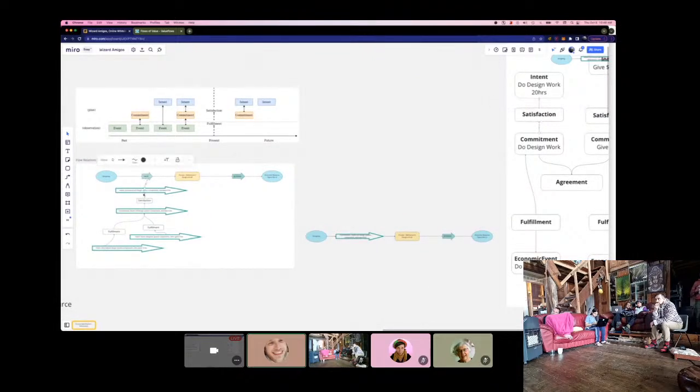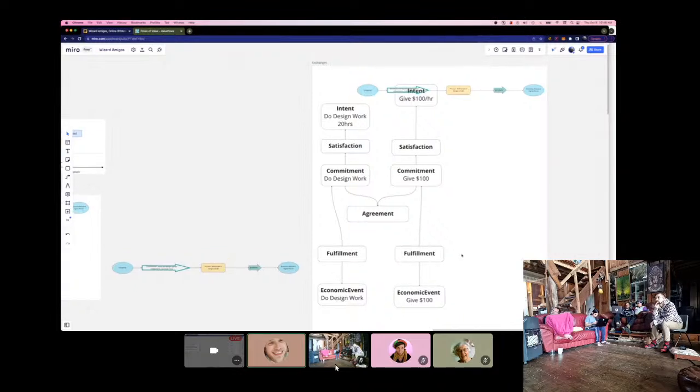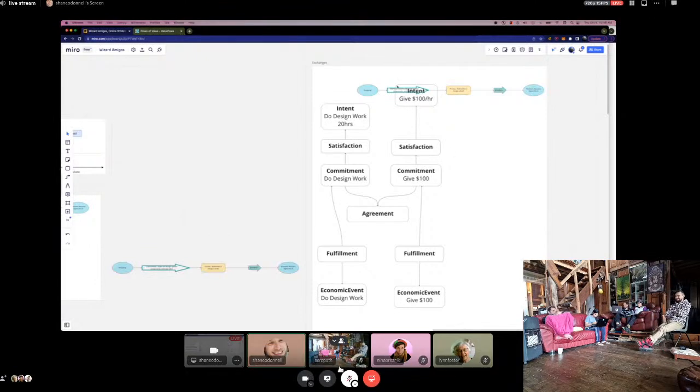They're just linking intents, commitments, and events through time. The only thing that's different here is this agreement, right? And these lines are linking the agreement, and therefore link the events and the intents as well. That makes sense? Sweet. Cool. All right.